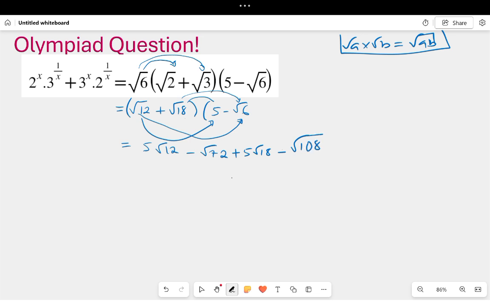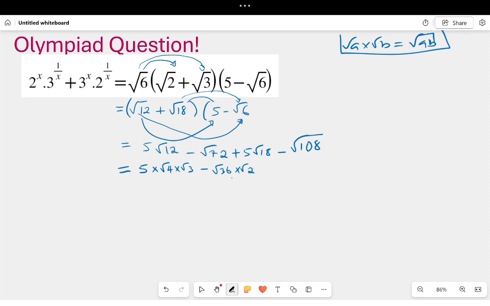Alright, now we can simplify this further. 5 root 12 is the same as 5 times the square root of 4 times the square root of 3. Minus, the square root of 72 is the same as the square root of 36 times the square root of 2.